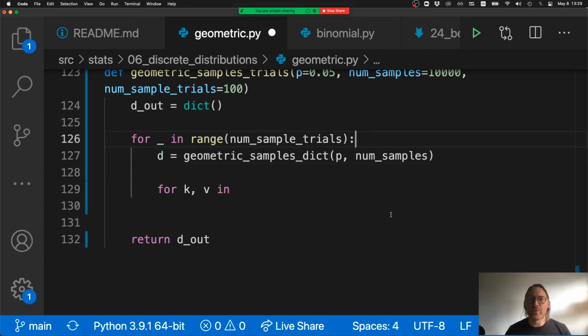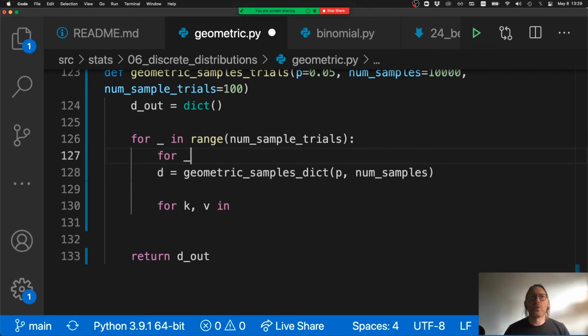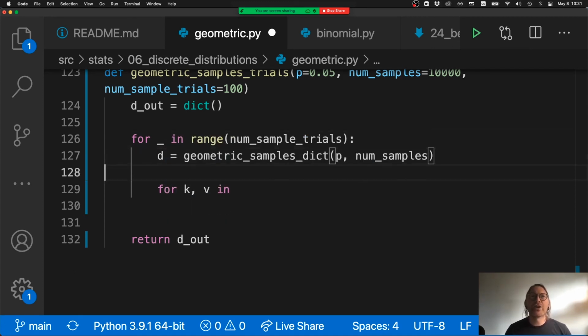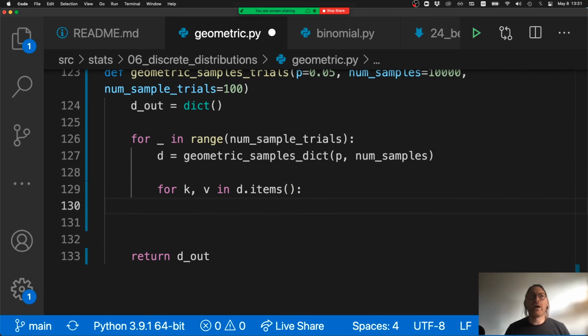So for whatever in range number of sample trials, actually, let's just do this. So we get our dictionary, and our inner loop is just going to traverse this dictionary. So d.items, we can say if k is not in dout, right?